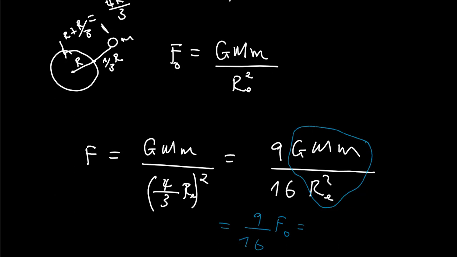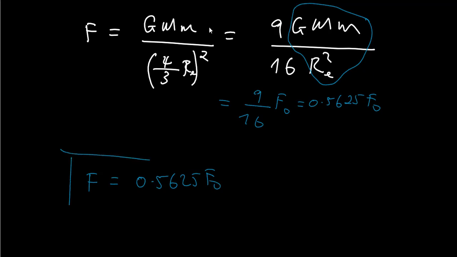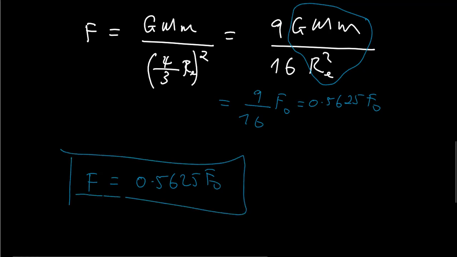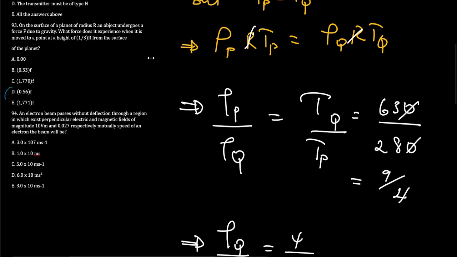And 9 divided by 16 in decimal is approximately 0.56. So we have 0.5625 F naught. So that will be the new intensity of the force. So the intensity of the force felt by the object at that height will be 0.5625 F naught. And so checking the best matching option, the best matching option is option D. Option D.